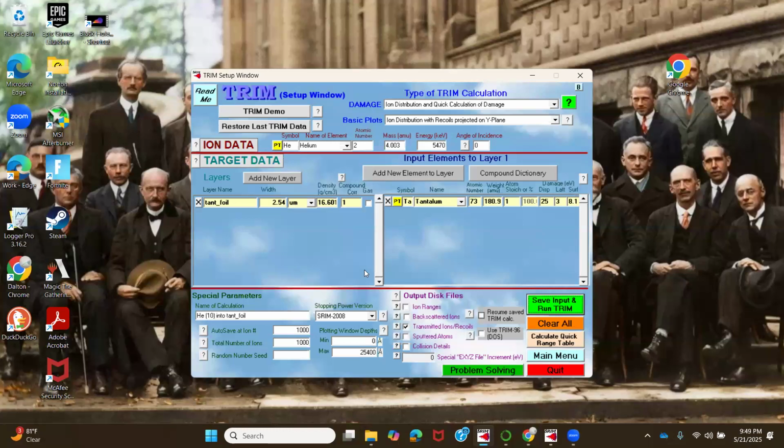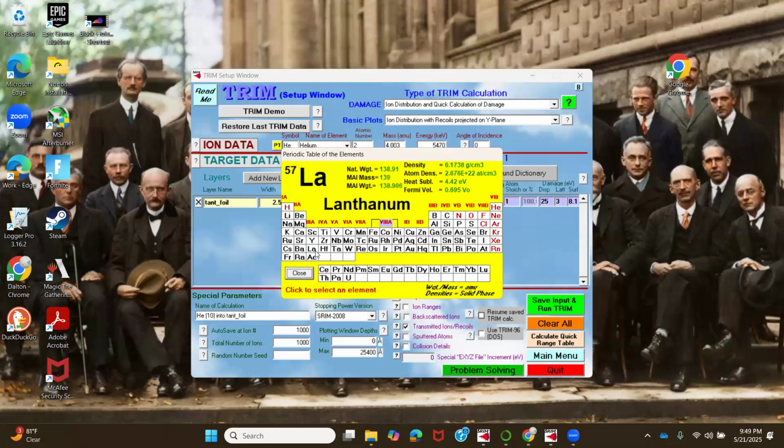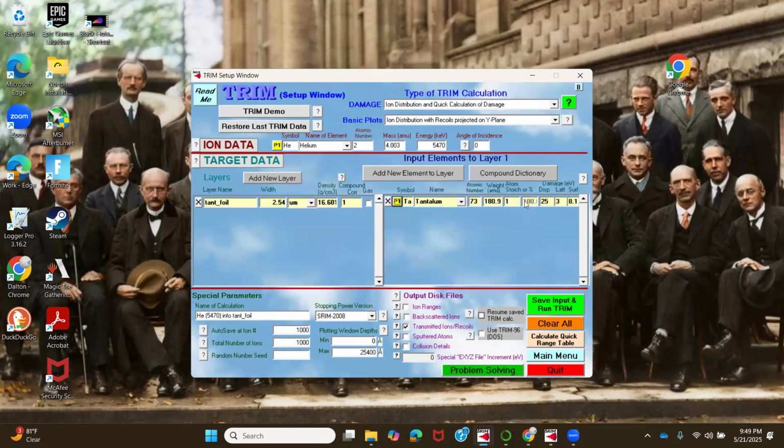Basically, what we're doing is calculating, okay, if I have my tantalum foil and I know the thickness of my tantalum foil, and I know the incident energy of my alpha particles, which is here, and I know things like the atomic weight of tantalum, all that stuff, you just plug in. It actually does it for you. It's nice. You click on the periodic table, and it just generates all those numbers for you.